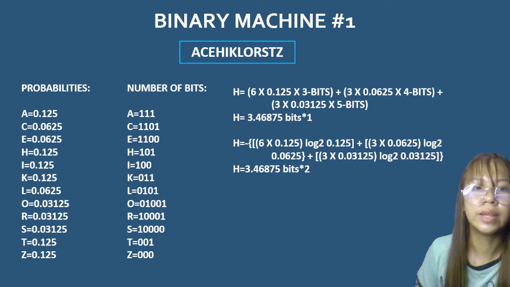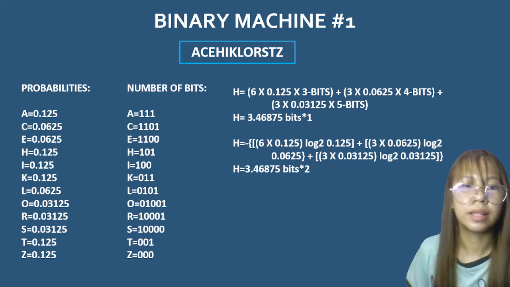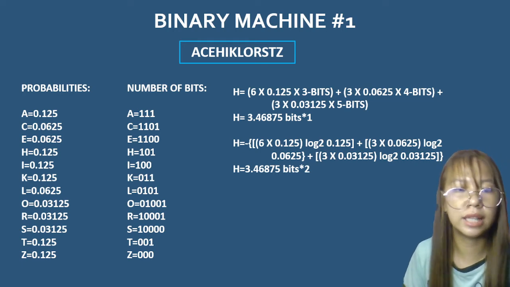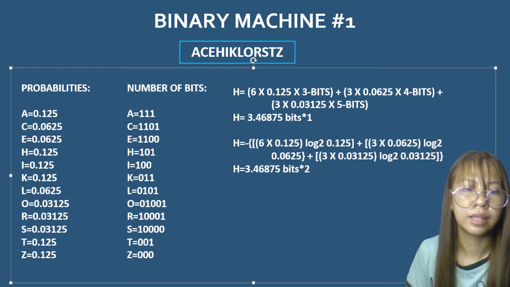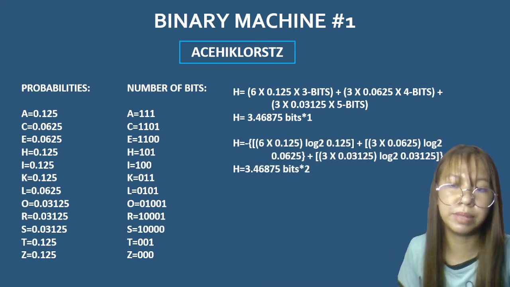Then the entropy of that is 3.46875 bits. This is how we get our entropy here, and it is equal to H, which is 3.46875 bits.